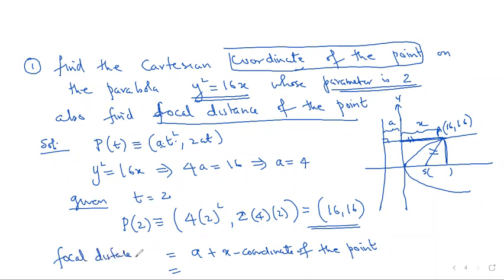Okay, focal distance is SP, which is equal to PM, which is equal to a plus x coordinate of the point. A is 4 here, x coordinate is 16 here, so your answer is 20 units. So one more shortcut I've taught you. Focal distance is a plus x coordinate of the point. For which parabola? Y square equal to 4x.